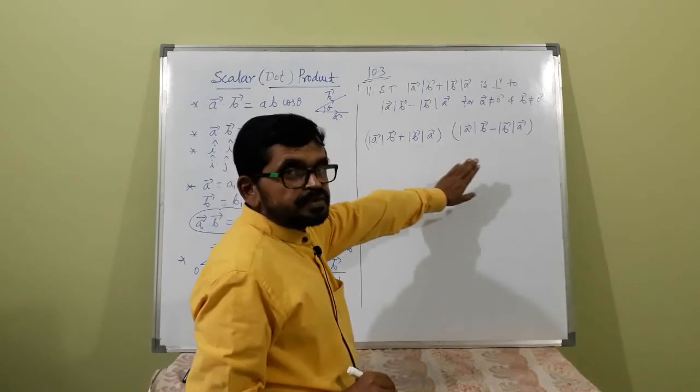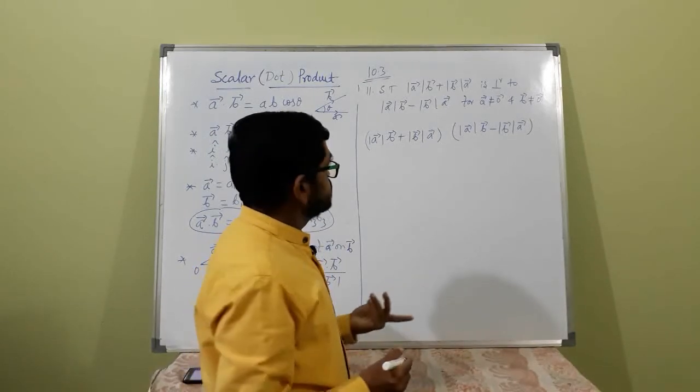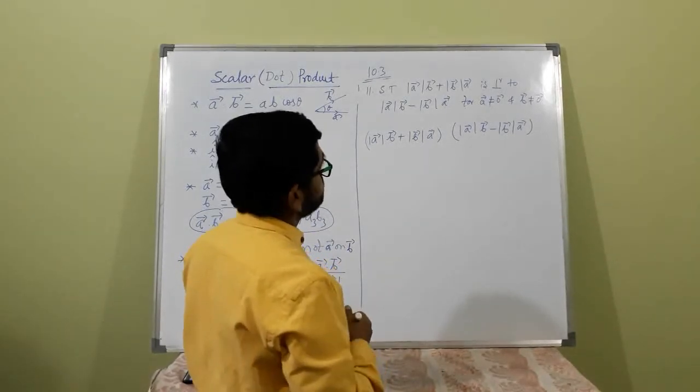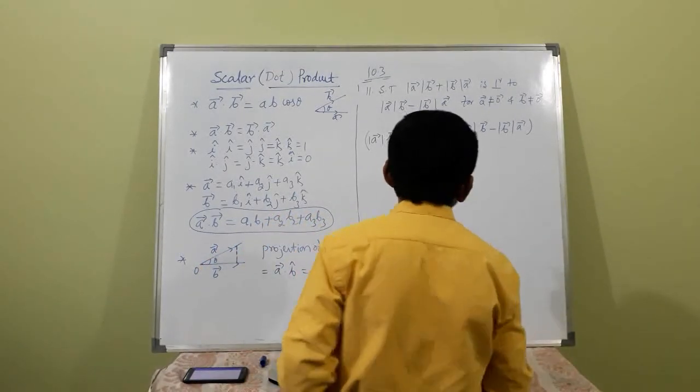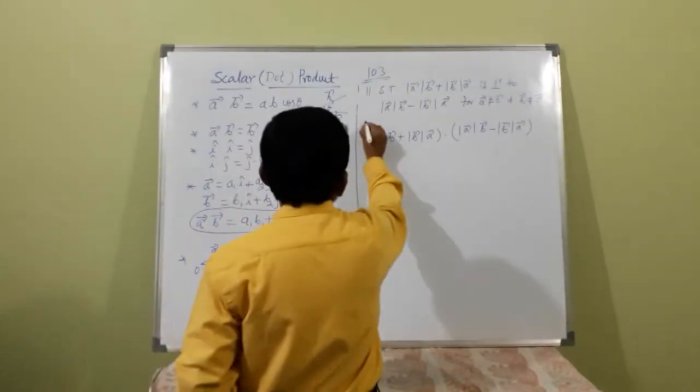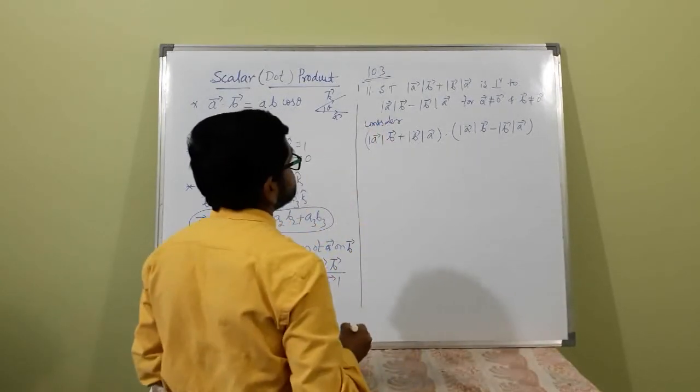If you take the dot product of this and verify whether it turns out to be 0, then obviously those two will be perpendicular. So let us find the dot product. Consider the dot product of these two.